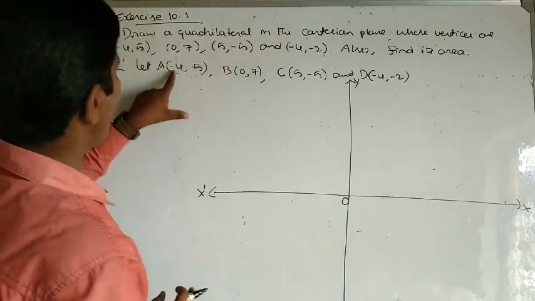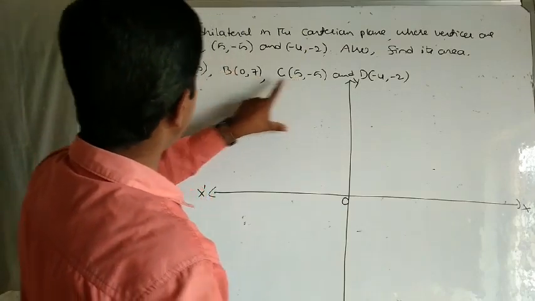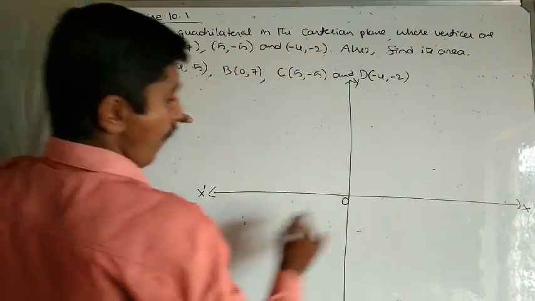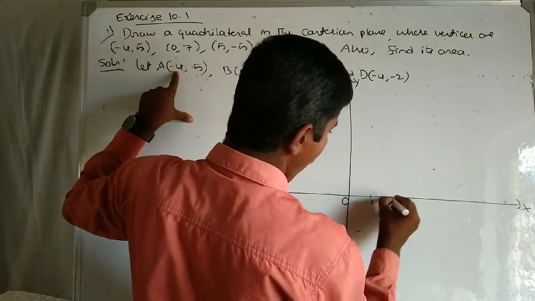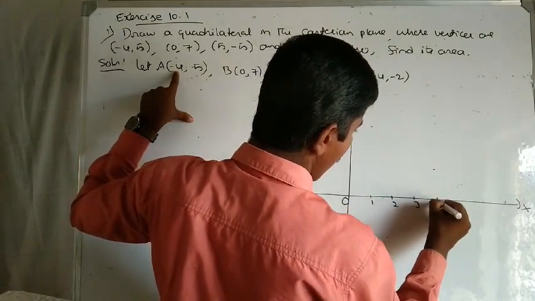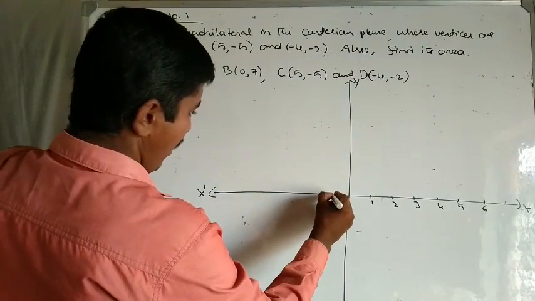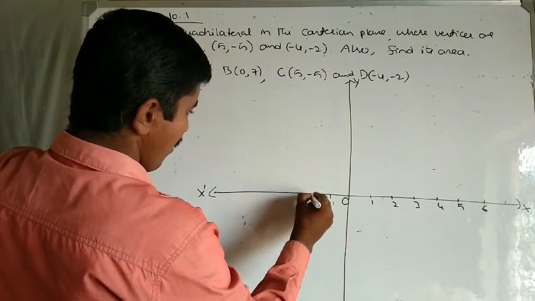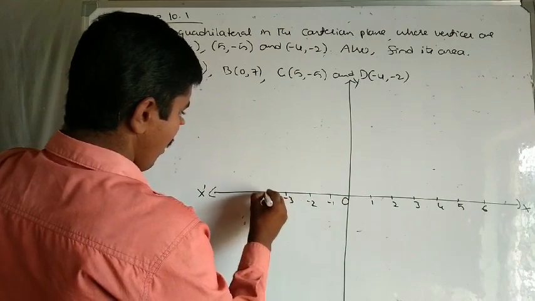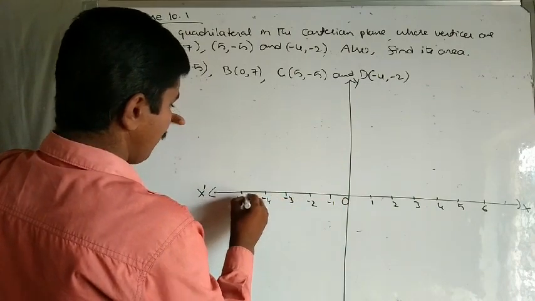On the x-axis, the greatest x coordinate value is positive 5 and the negative value is minus 4. Mark 1, 2, 3, 4, 5, 6. And on the negative x-axis, negative values minus 1, minus 2, minus 3, minus 4, minus 5.